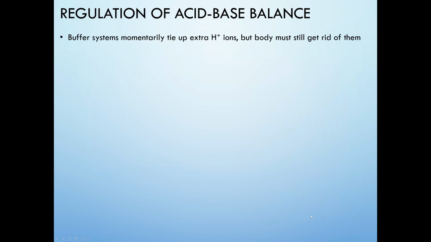So buffer systems help to momentarily tie up extra hydrogen ions, but the body still has to get rid of them. So remember, the buffer system is there to help prevent pH changes while you are transporting the hydrogen ions to the point where you can get them out of the body. So buffers only render hydrogen ions harmless until they can be excreted.